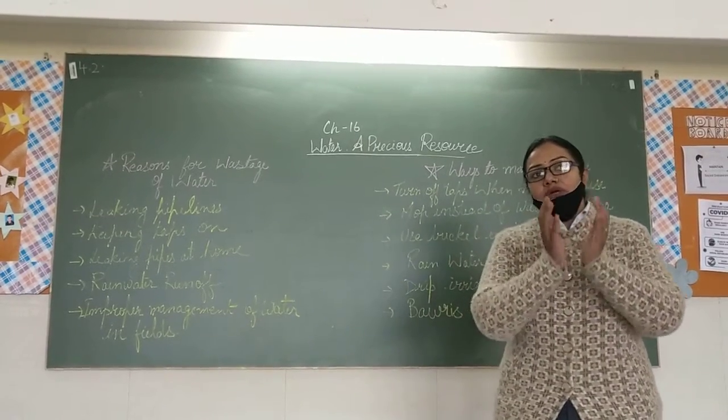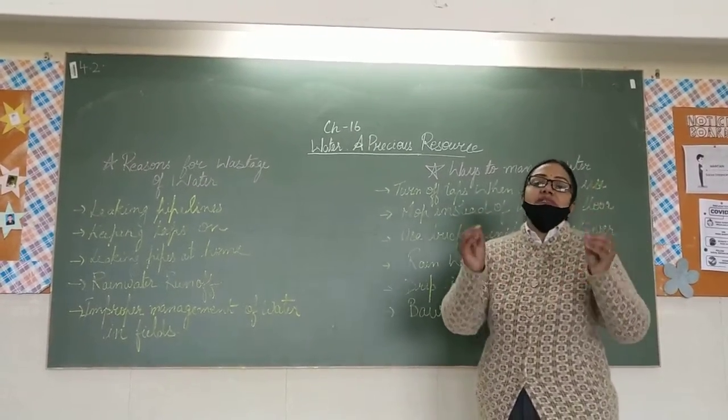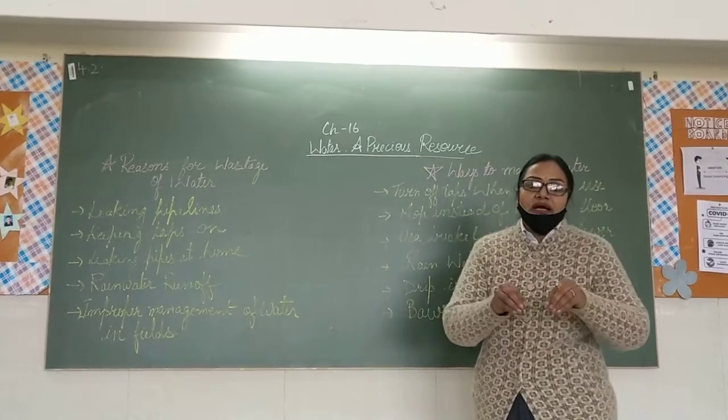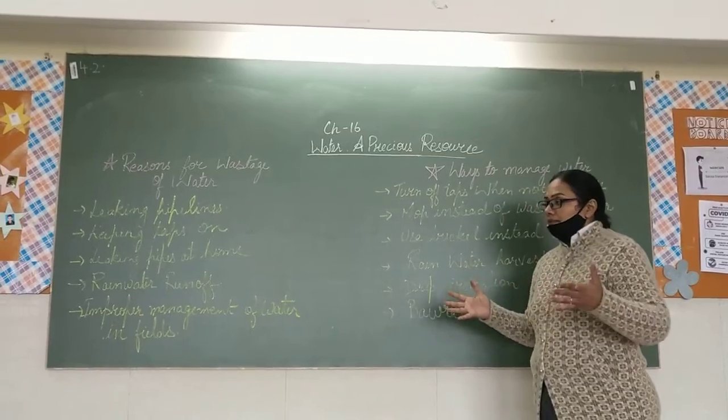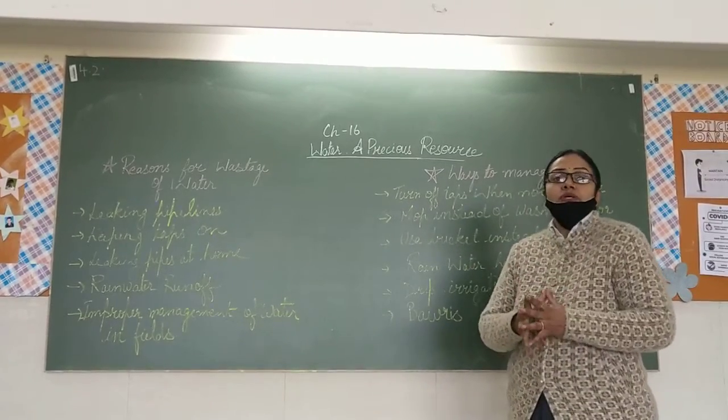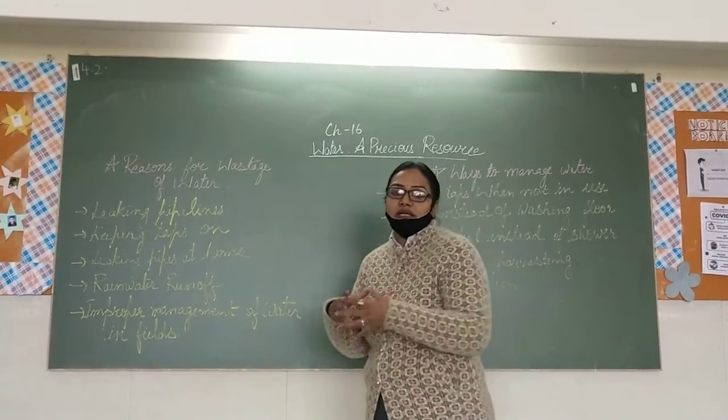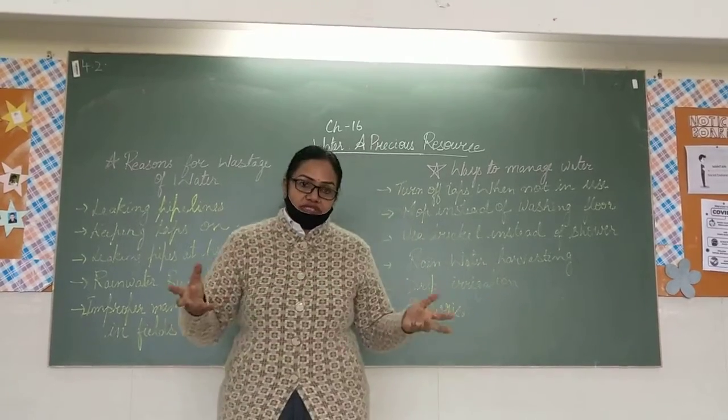Only the amount of water required by the plant is being supplied to the plant drop by drop. So this is going to help in managing the water which was being wasted during irrigational activities.